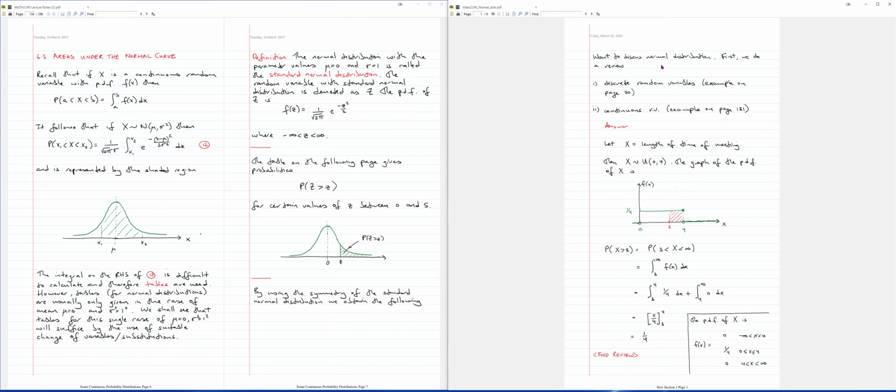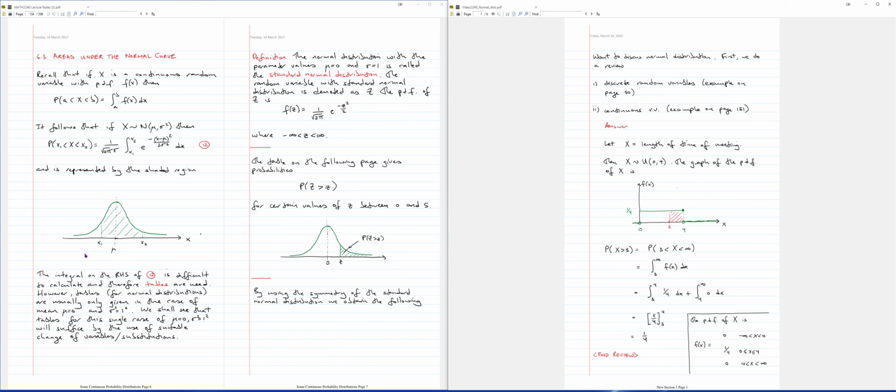Okay, so you want to look at a normal distribution. A normal distribution is a continuous random variable, and the PDF of this particular continuous random variable has this sort of bell-shaped curve, right?